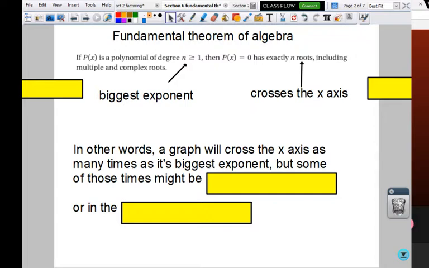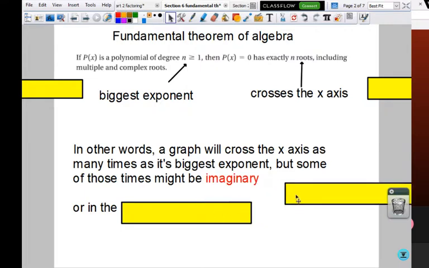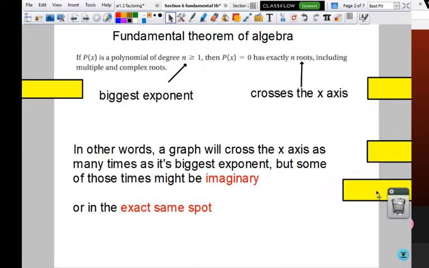In other words, as long as your exponent is 1 or bigger, your graph will cross the x-axis as many times as its biggest exponent. But some of those things might be imaginary or in the exact same spot.